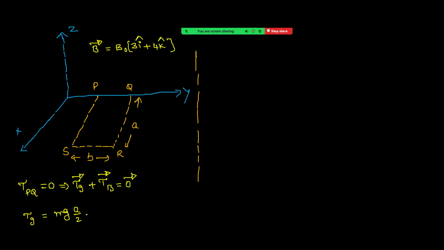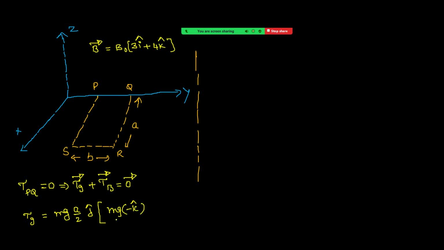And see now the direction for this torque. Rotation will be about PQ, so the torque direction is j cap. See how we got j cap carefully. If you want to write in vector form, I can write mg into minus k cap.